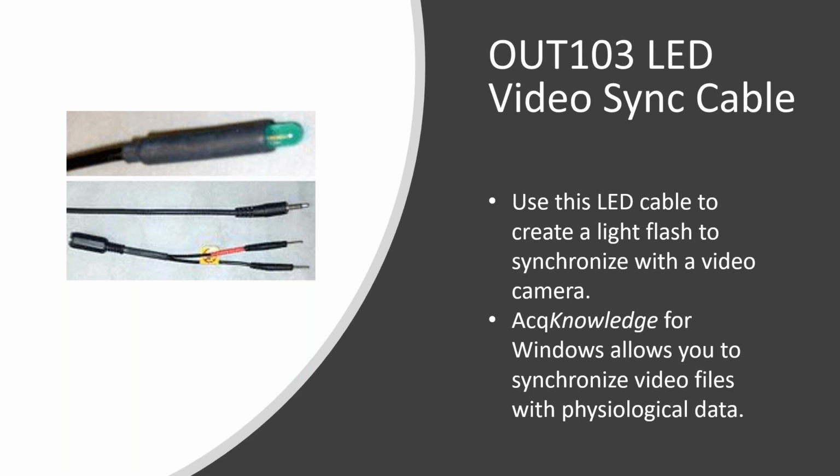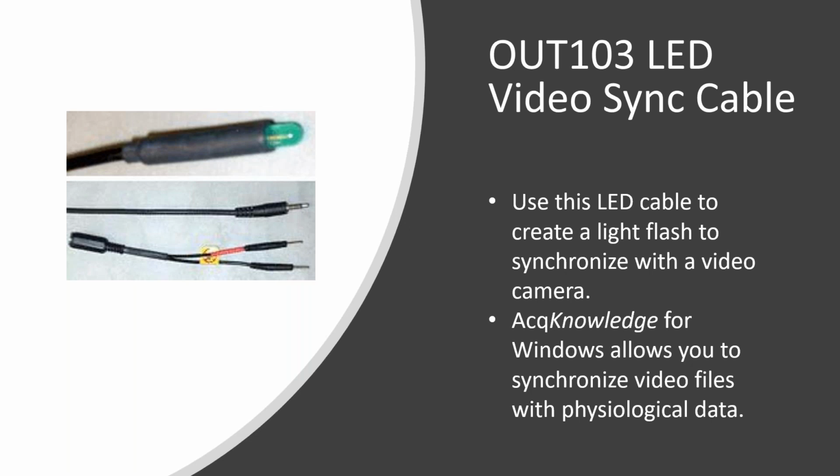You've got this little LED video sync cable. Basically, one end of it will plug into an MP160 or an MP100, and the other end has an LED on it. And I'll show you that live in action in a moment.